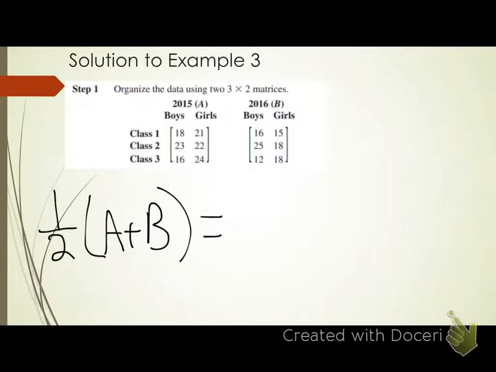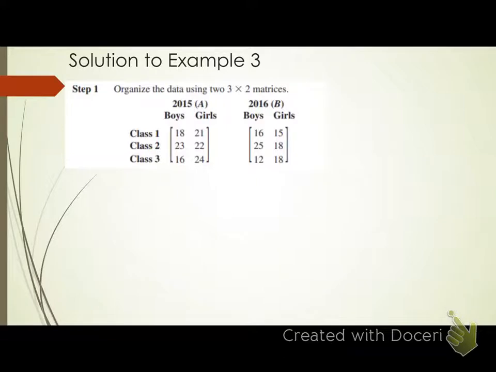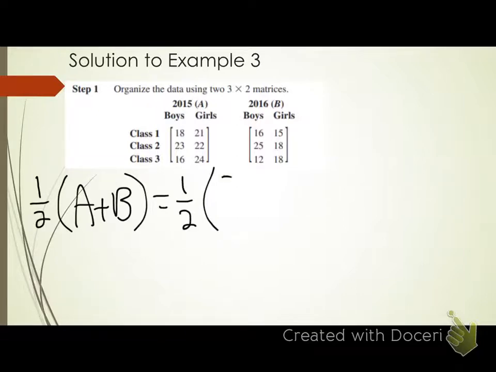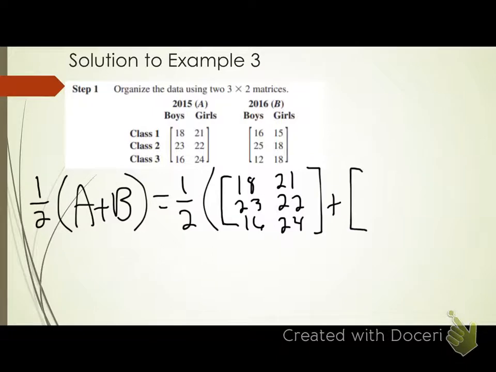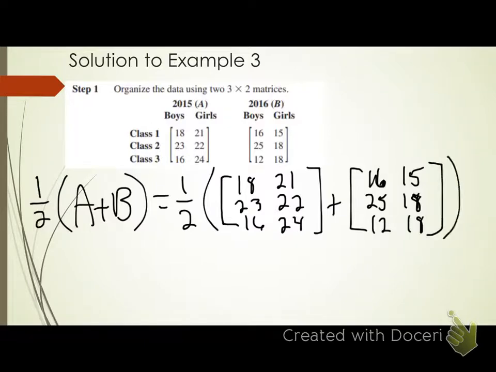So that's 1/2 times my first matrix plus my second matrix. So I just plugged the two matrices in for A and B in my formula.